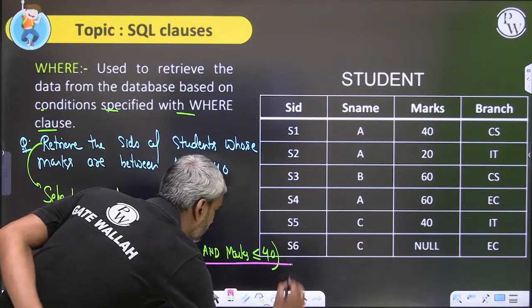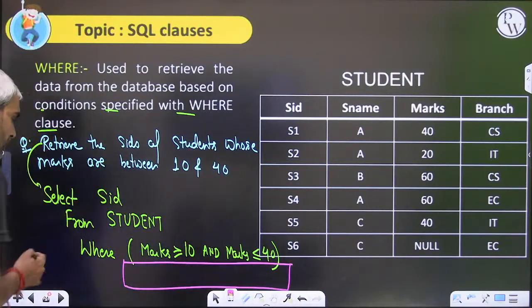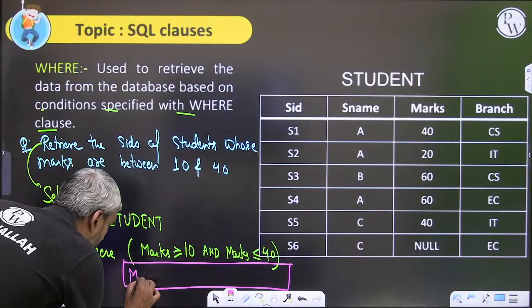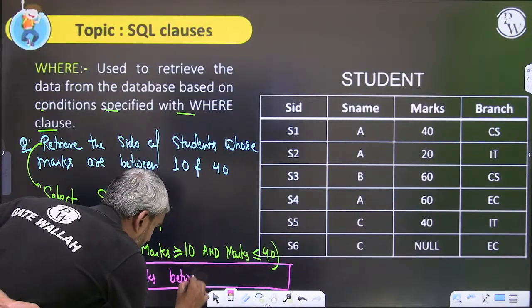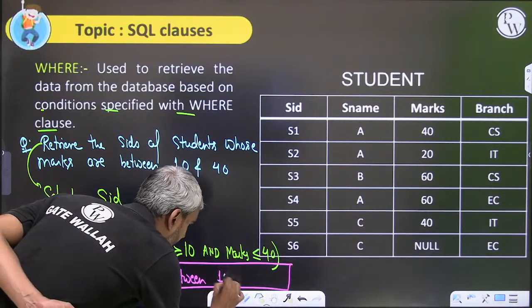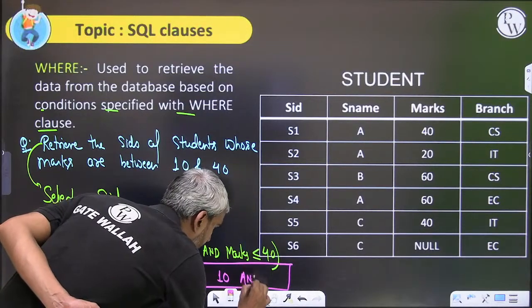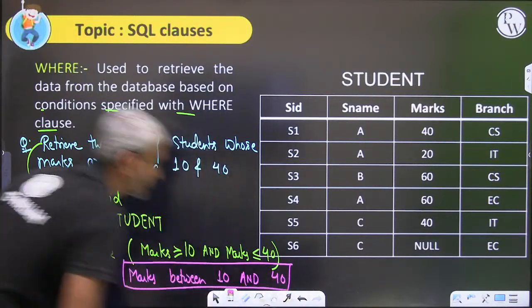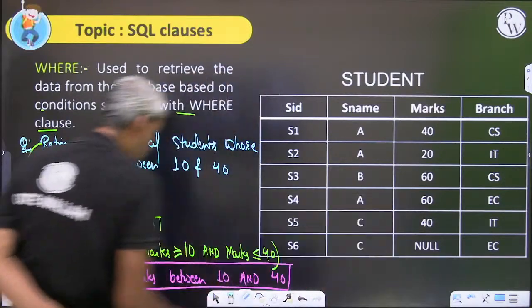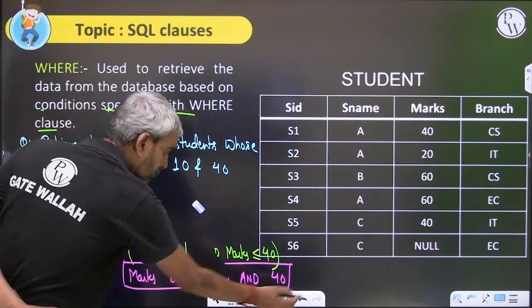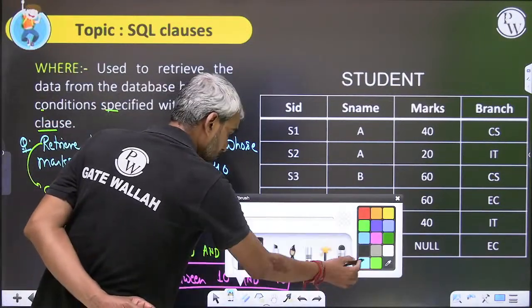You can say where marks between 10 and 40. Clear?